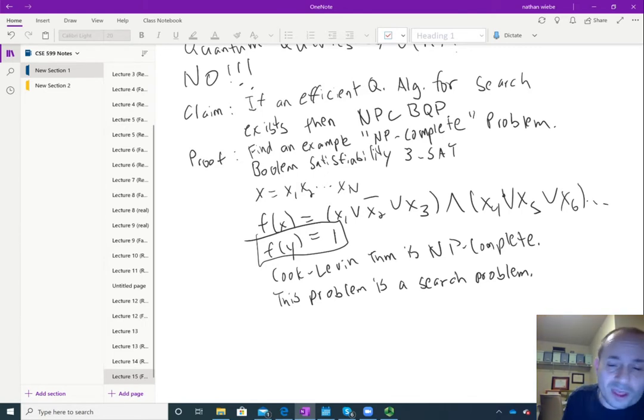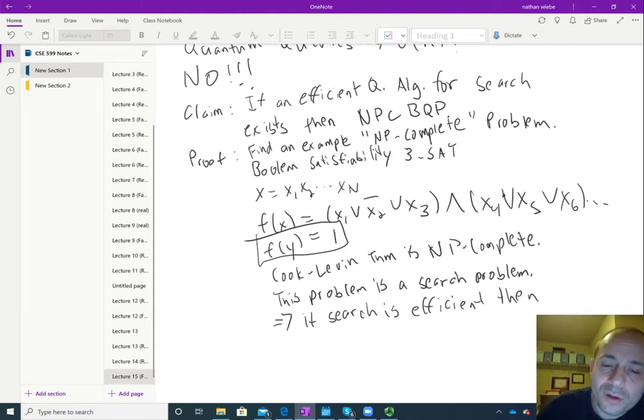This is an example of a search problem, and therefore, if we can solve a search problem, if search is efficient, then so is 3-SAT.